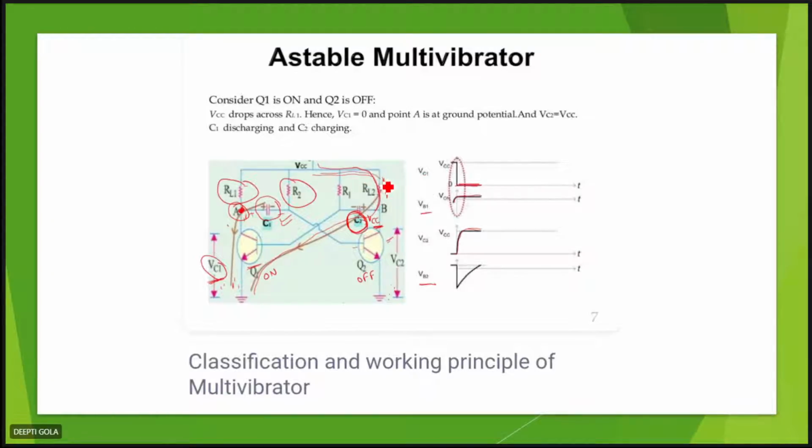The current will flow only in this loop, so at that time this circuitry will not work. Only this capacitor will get discharged, and this C2 is going to charge. C1 and C2 will be working, either charging or discharging, but R1 and R2 will work at a time only.